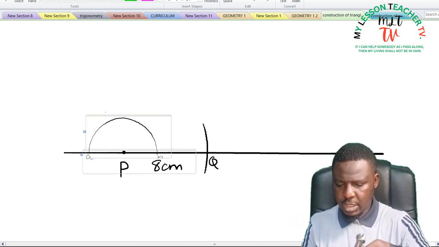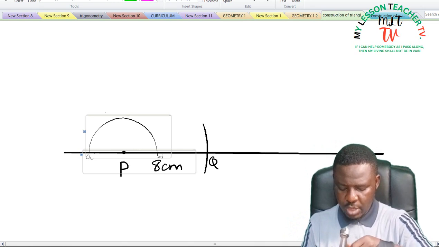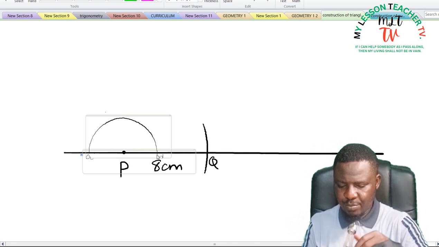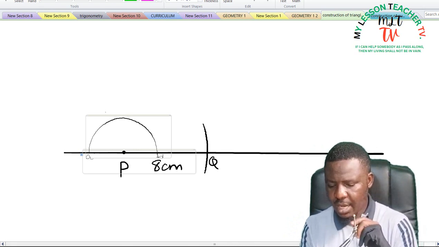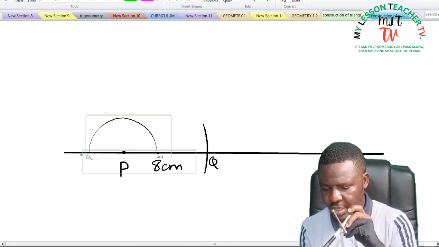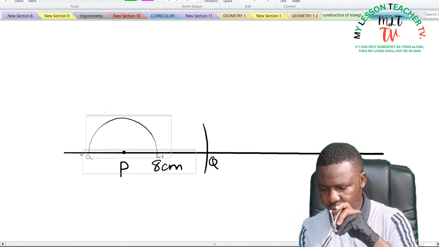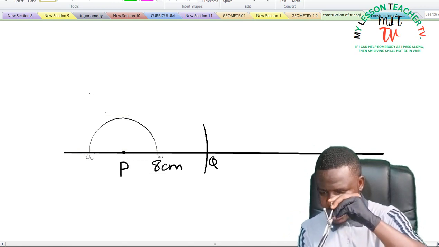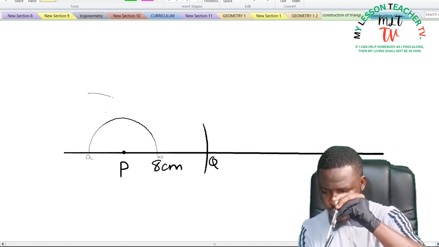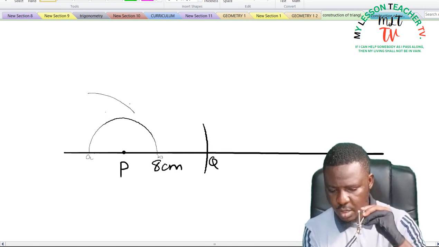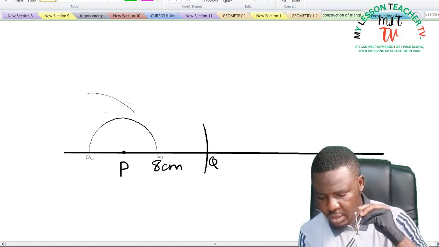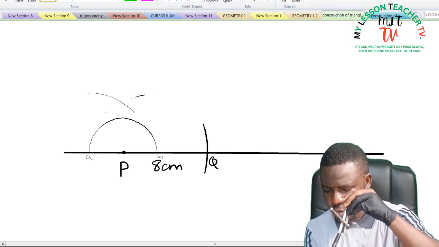You then extend. I want to construct angle 90 degrees. So with A and B as centers and radius greater than half AB, you construct an arc above. With B as center, you also do the same.